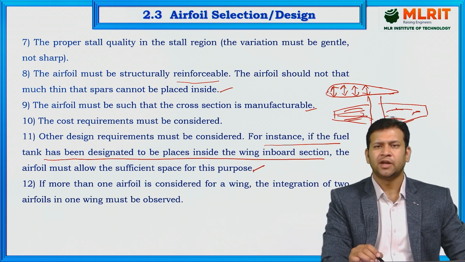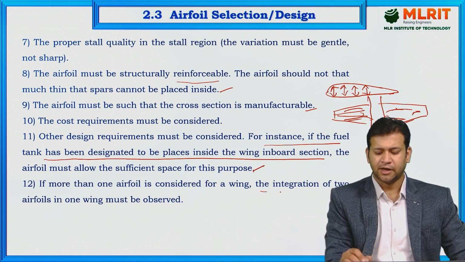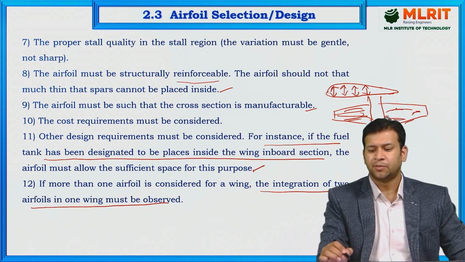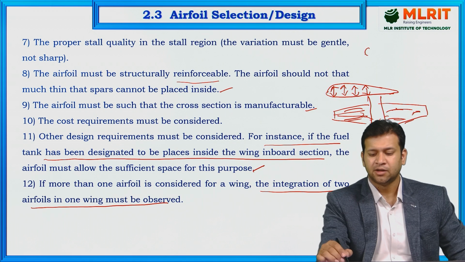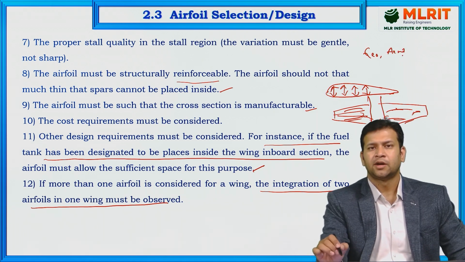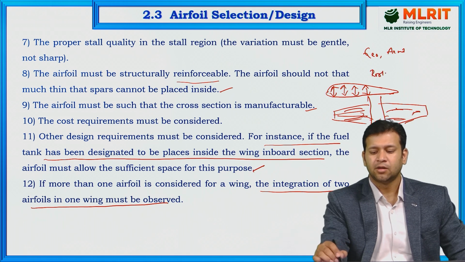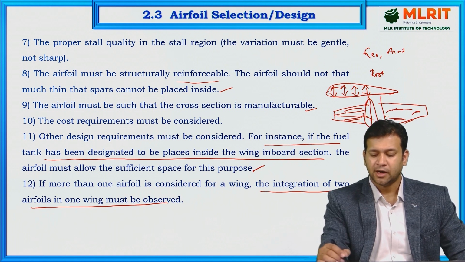If more than one airfoil is considered for the wing, the integration of two airfoils in one wing must be observed. Like previously, in the previous lectures, we have seen geometric twist, aerodynamic twist. Right. In some cases, this is the root point of the wing, and this is the tip.